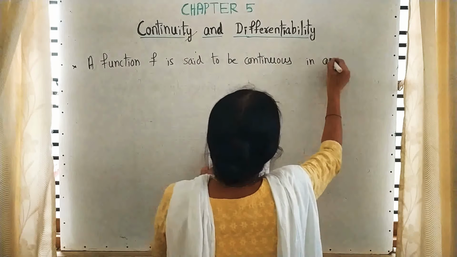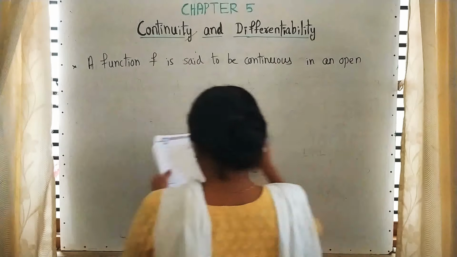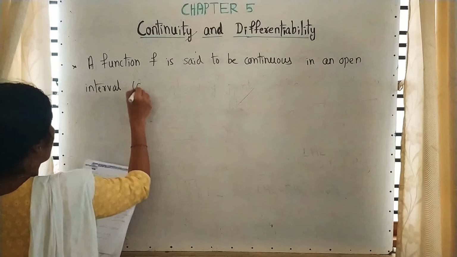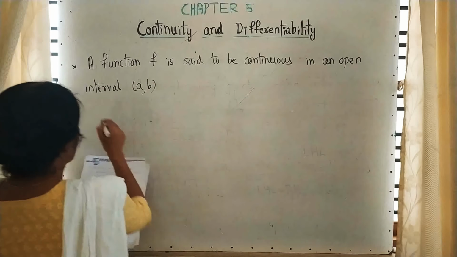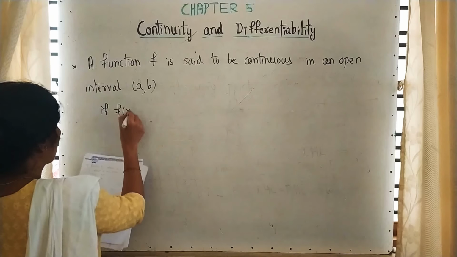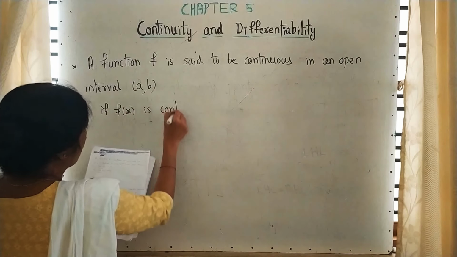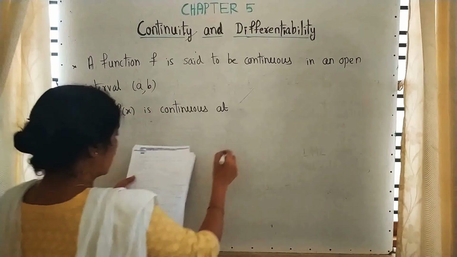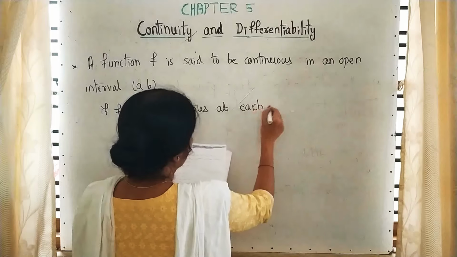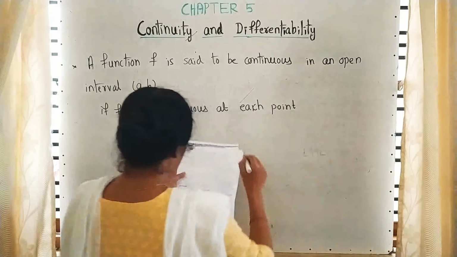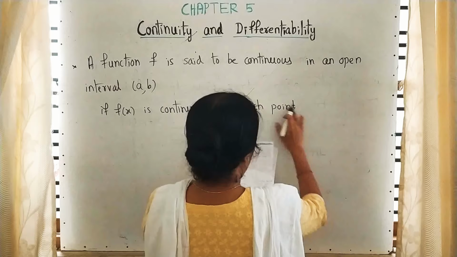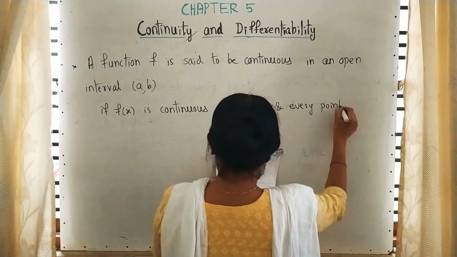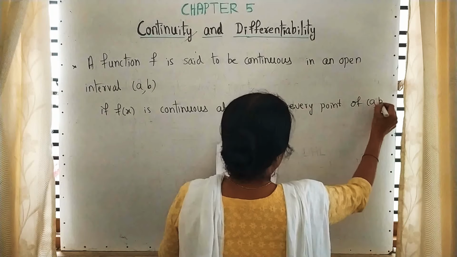in an open interval a comma b if f of x is continuous at each point and each and every point of a comma b.